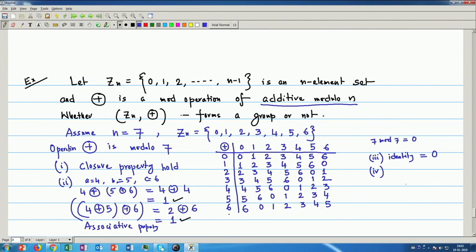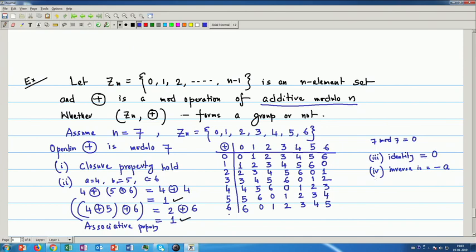inverse, since it is additive, the inverse is minus A, since it is additive modulo 7.